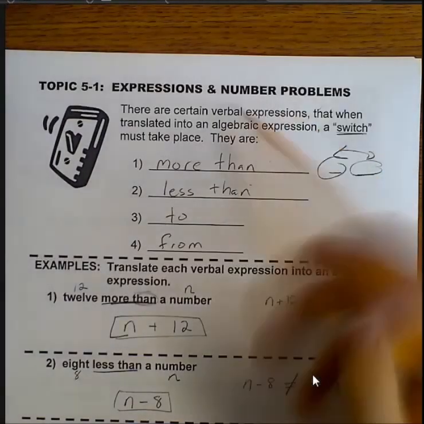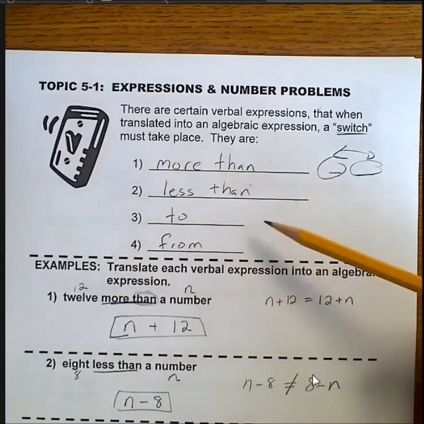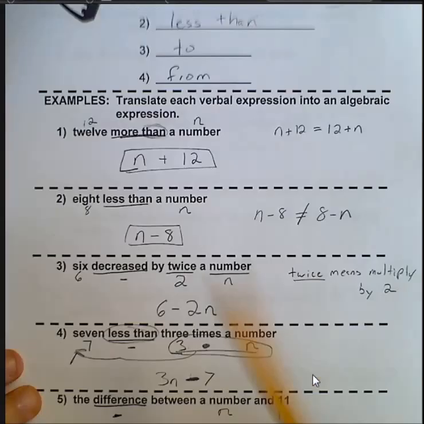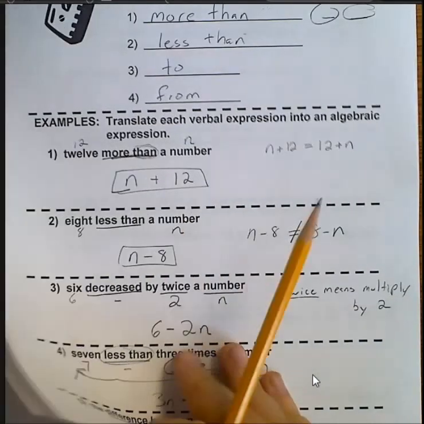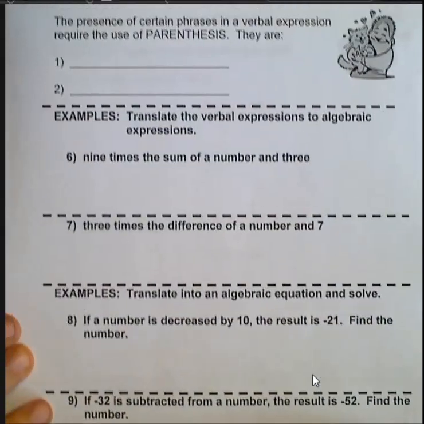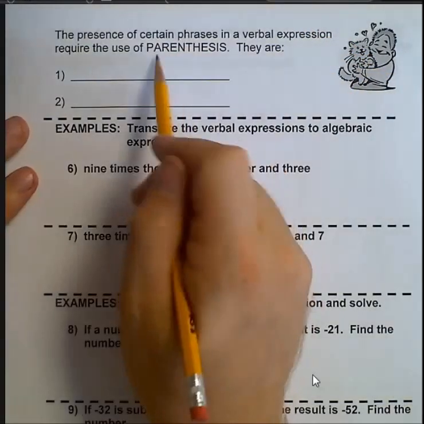Notice this is not any of my switched phrases. So I need to keep these in the same order. Let's take a look at the second page. Okay. So those were the phrases that were switched. Very important.